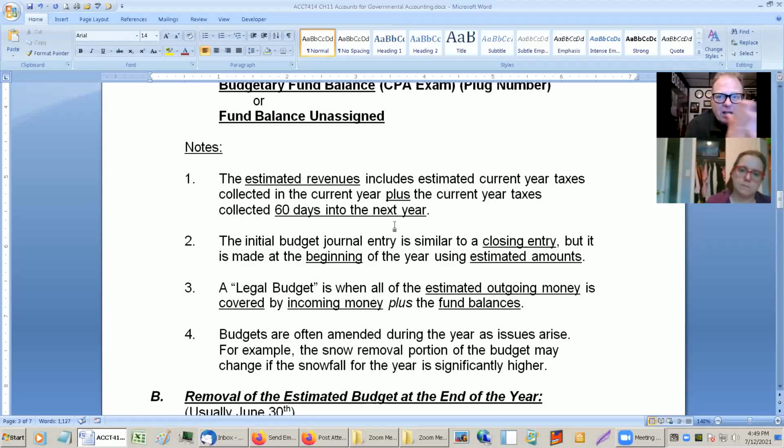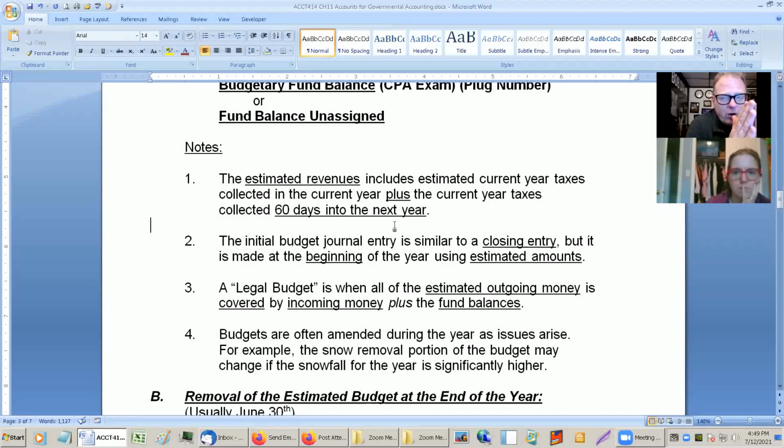Anything that you're not going to collect within the 60 days is not considered revenues in the current year. They call that deferred revenues, which we'll do in problems, so don't write this down. But anyway, revenues are counted up to 60 days past the end of the year.